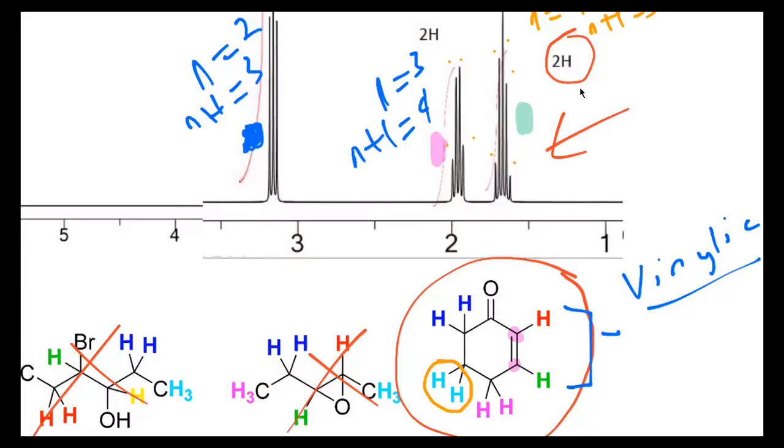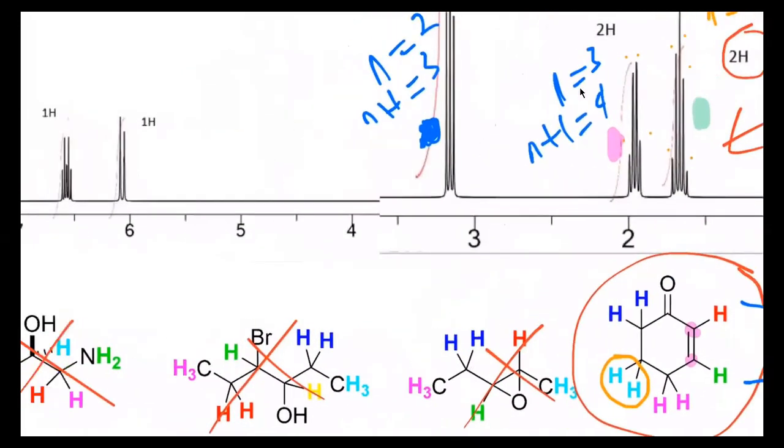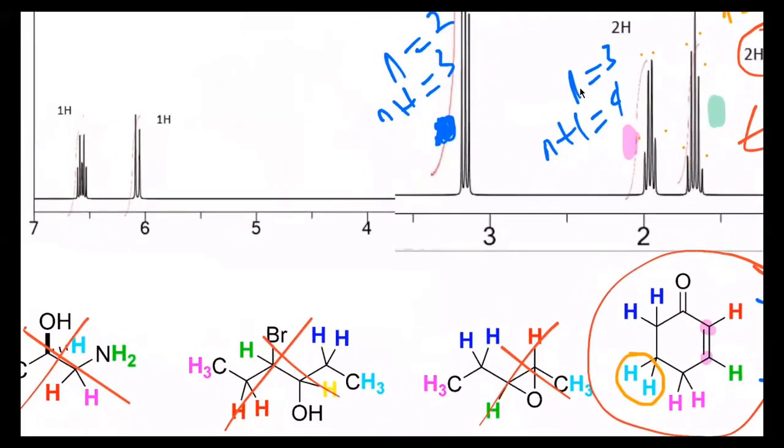All right. So here's the question: where do they show up? Well, alkene protons or vinylic protons can show up anywhere between 5 and 7. Sometimes on some scales you'll see 4 to 6, some scales you'll see 5 to 7.